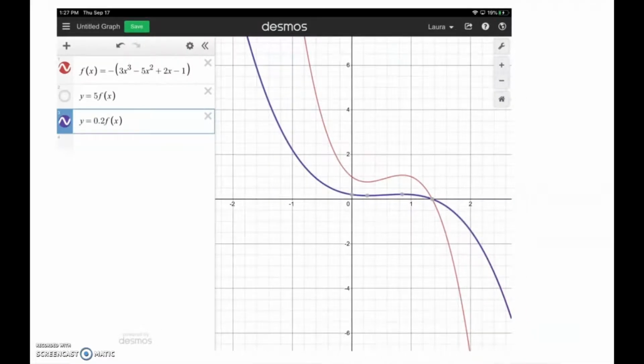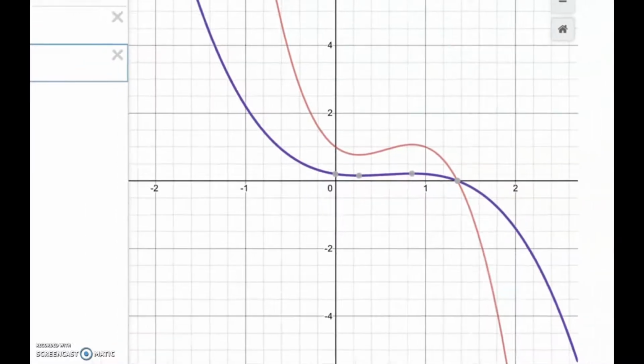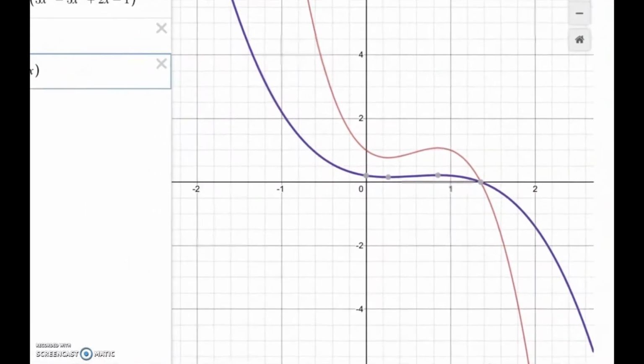So is this what you thought it should look like? Remember, the red graph is the original parent function f, and then this purple graph is the new function that's really a compression of that red graph. We multiplied it by 0.2, so that means that every y value should have gotten smushed down to 1/5 of what it was before. Let's test out that idea.